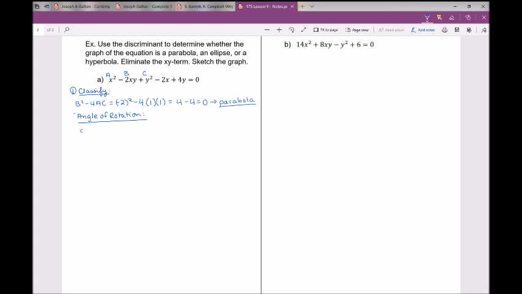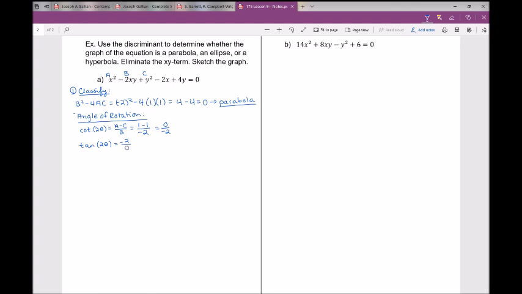So we had the cotangent of 2 theta is equal to a minus c over b. Okay, so we want to plug in a, c, and b. So we have 1 minus 1 over negative 2, which is 0 over negative 2. Okay, so cotangent might be kind of hard to think about, so let's flip this and think about tangent. So this means that the tangent of 2 theta is equal to negative 2 over 0.